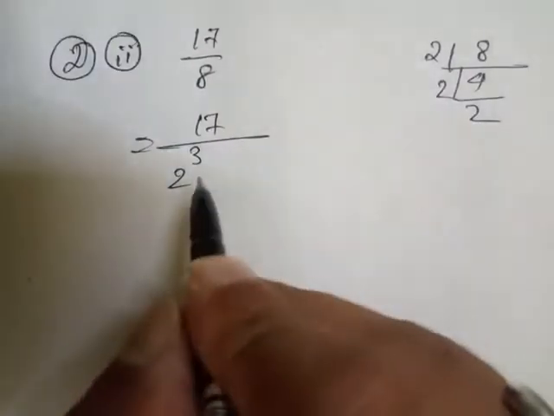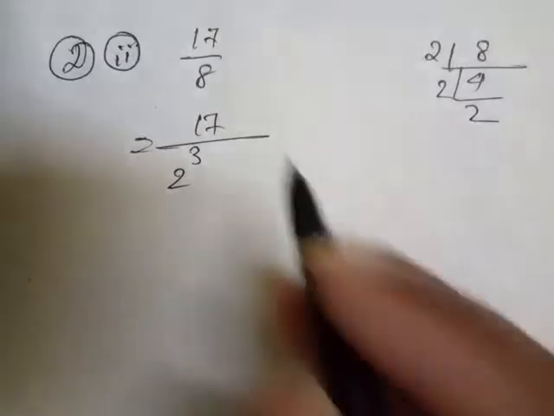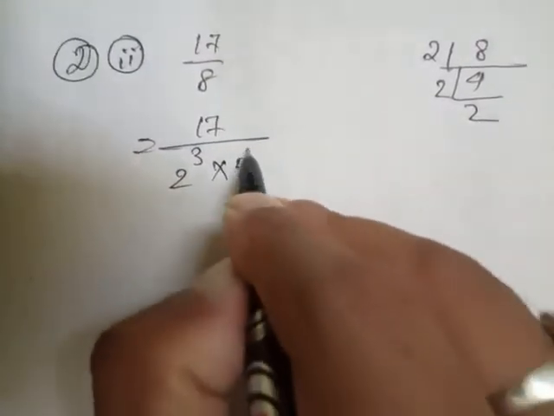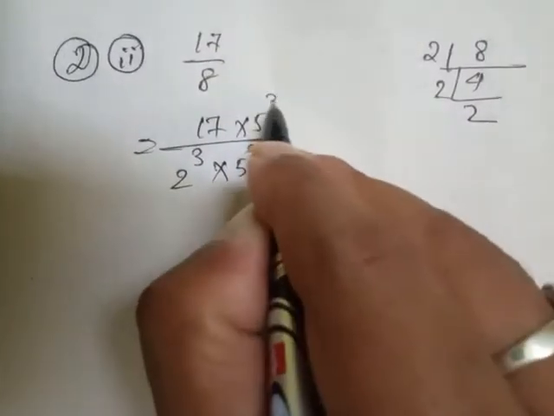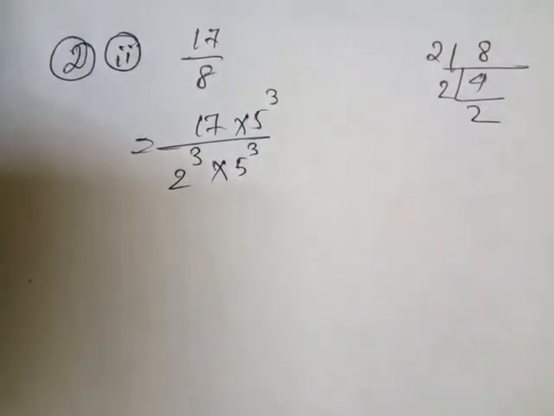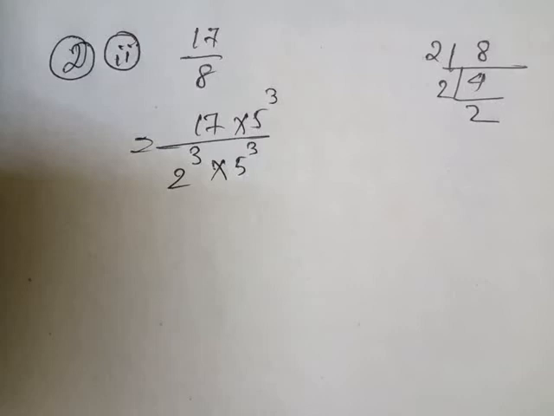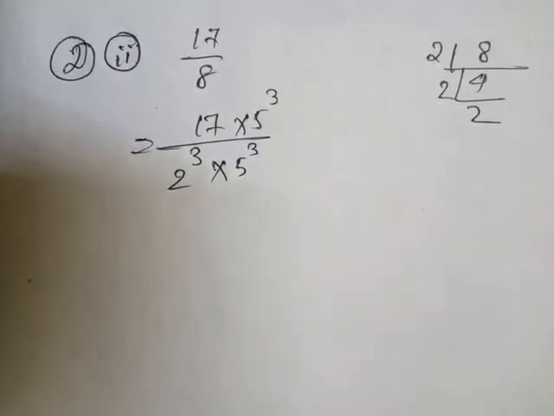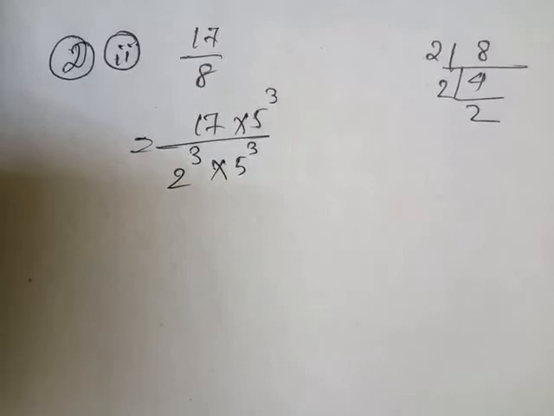Now if I introduce 5 cube in both the numerator and denominator, it will be easy, because it is much easier to represent in decimal expansion if we have the denominator as 10, 100 or 1000 like this.